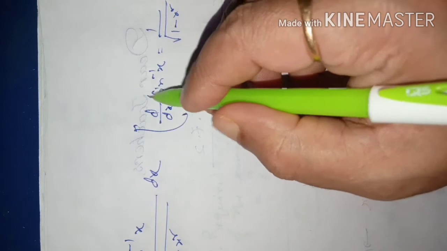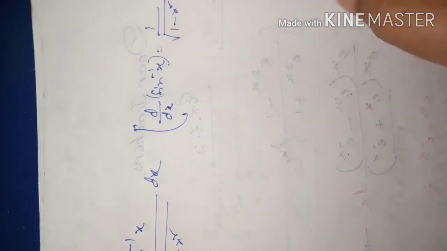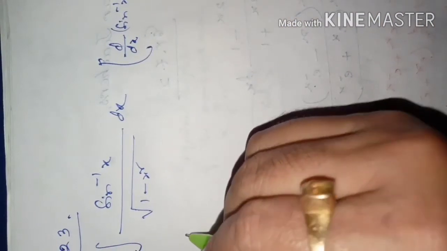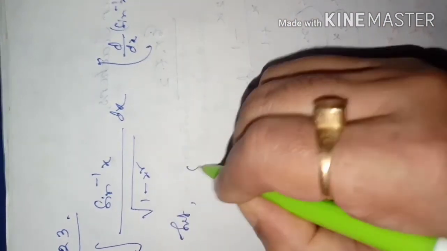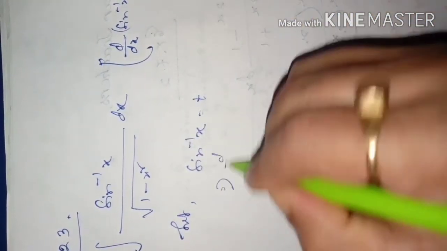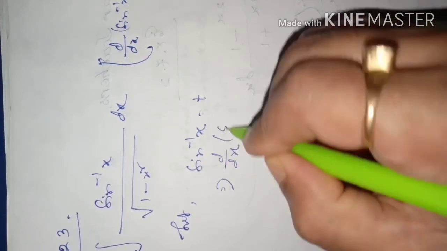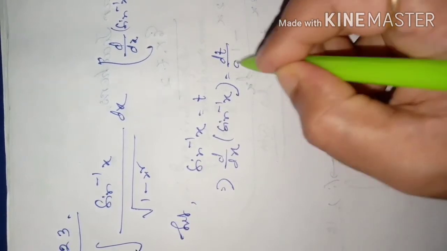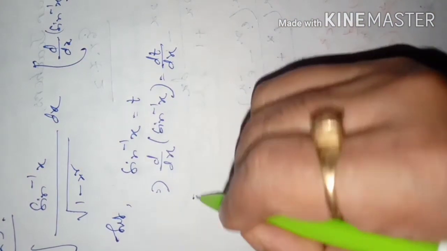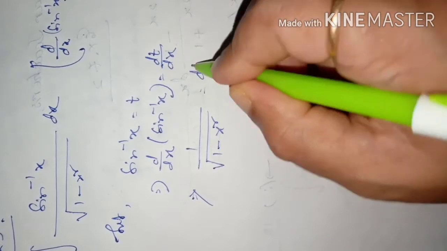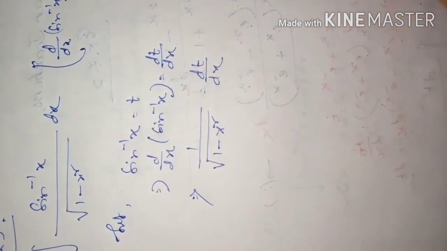So if we consider this one as t, suppose I consider sine inverse x as t, then we can write d by dx of sine inverse x is equal to dt on dx. Therefore 1 by under root 1 minus x square is equal to dt by dx.